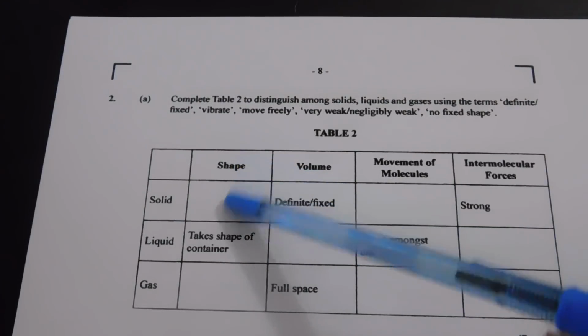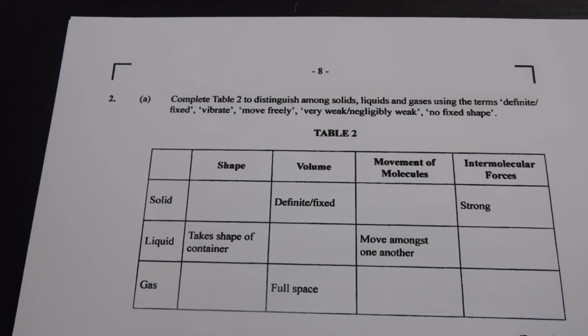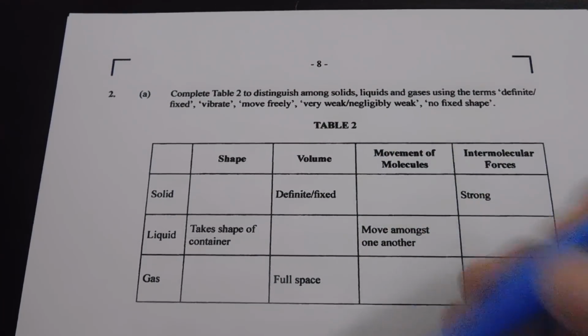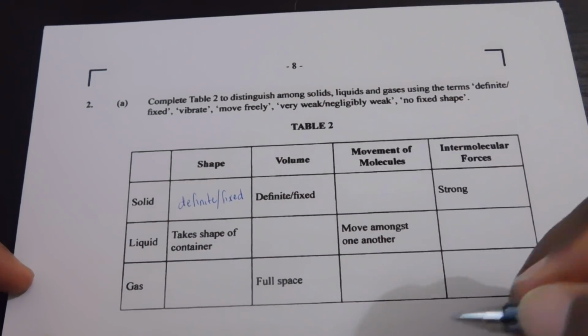So we're talking about shape. When it comes to a solid and shape, it is definite and fixed. So we're going to write definite and fixed right here. Okay, so we have that.